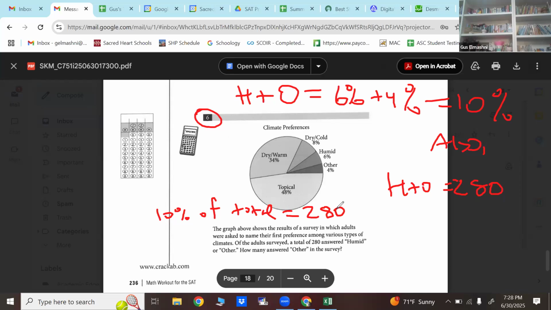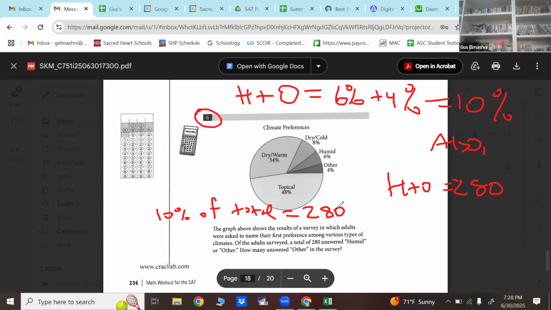So we have to make that 100% of the people surveyed. 10% of everyone here belongs to these two categories, and these two categories also represent 280 people. So if I do 10% of the total, I don't know what the total is. We have to solve for the total. Let's call it x. And what's 10% as a decimal? 0.10, good.